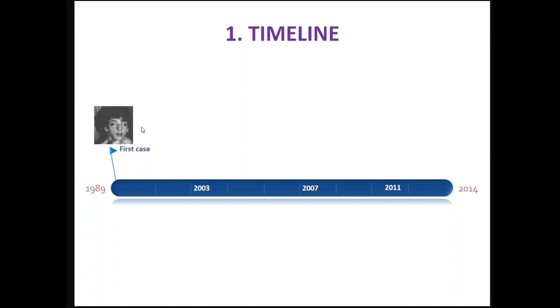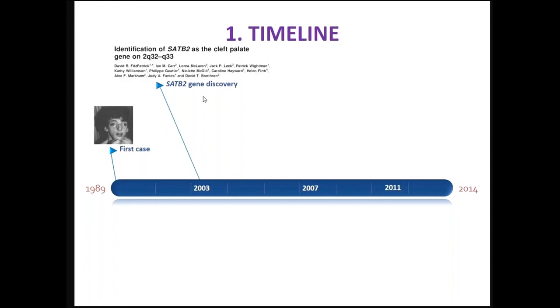So that was 30 years ago. The gene was discovered later, in 2003. That's when we first learned that this gene was important for craniofacial development, meaning face, palate, and teeth. And this is the reference where that came from.